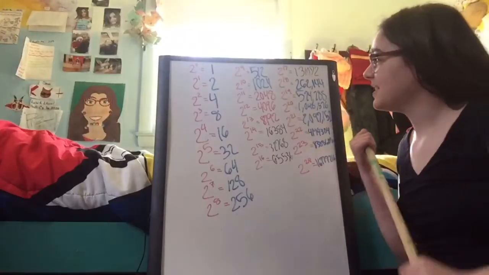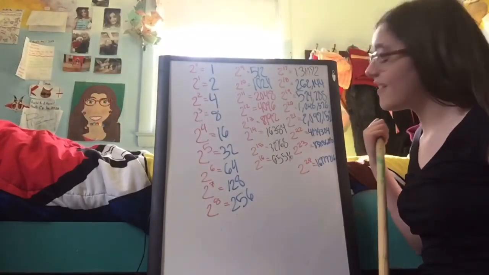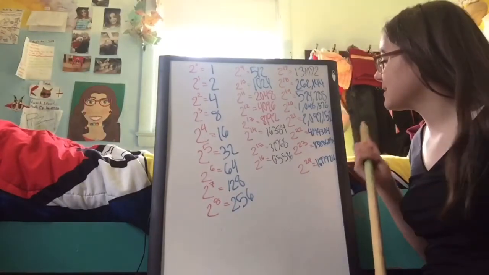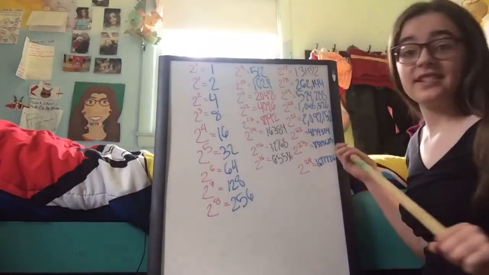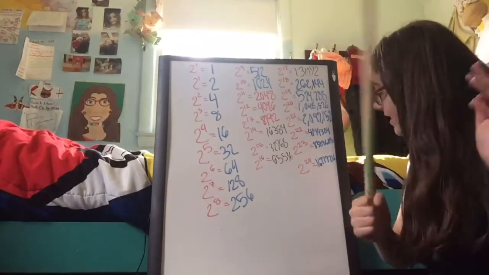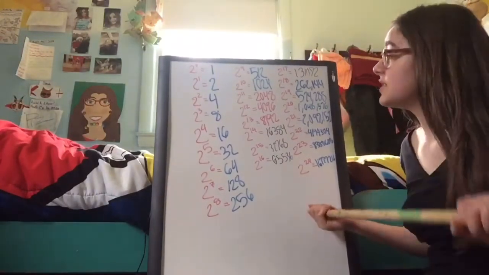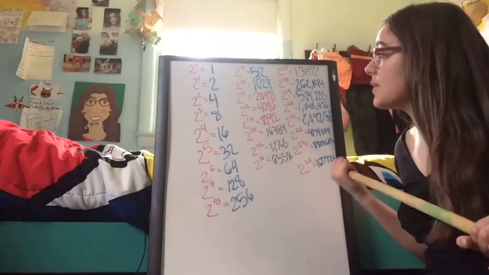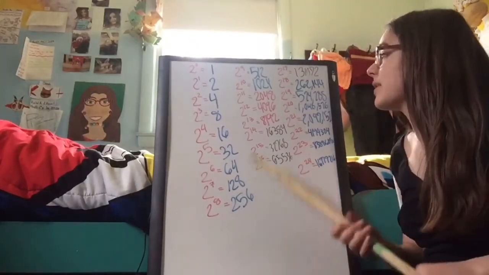I checked all of these answers and I got all of the ones I did right, which was surprising because I was rushing so I wouldn't take too much of your time. But here is the list from 2 to the 0th to 2 to the 24th.